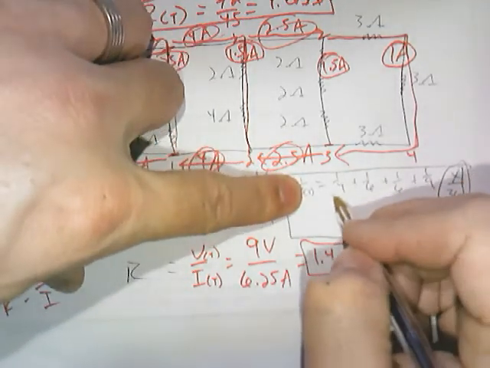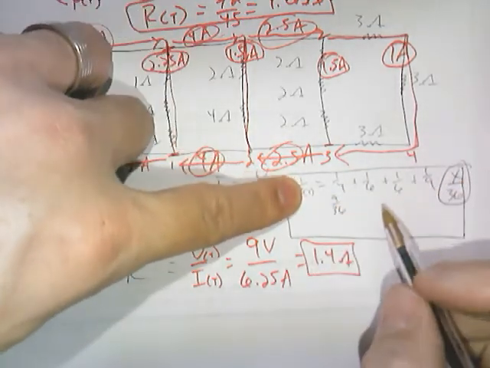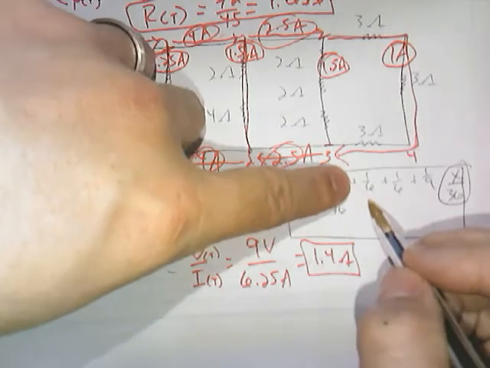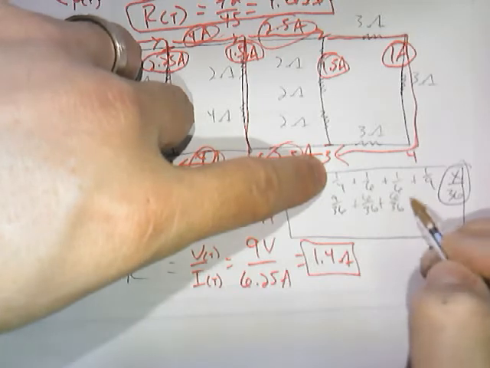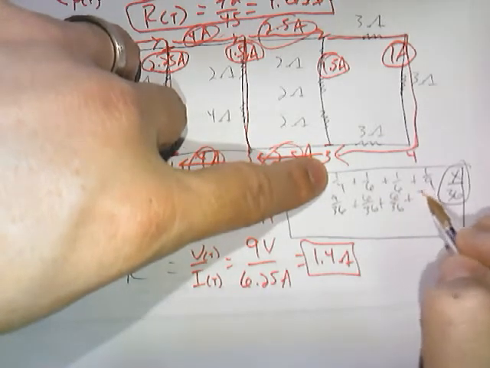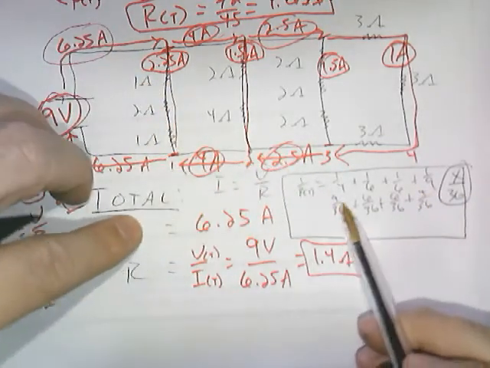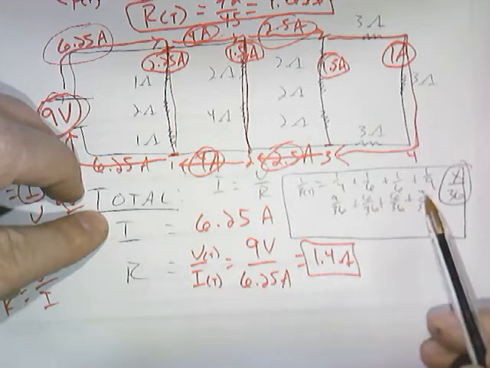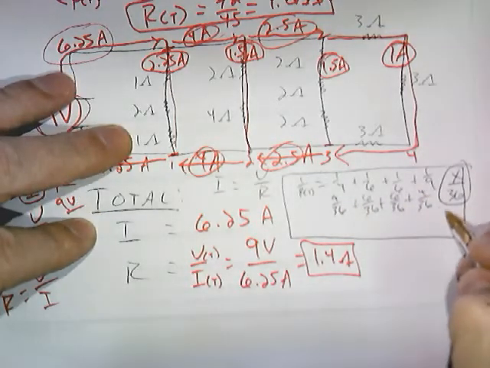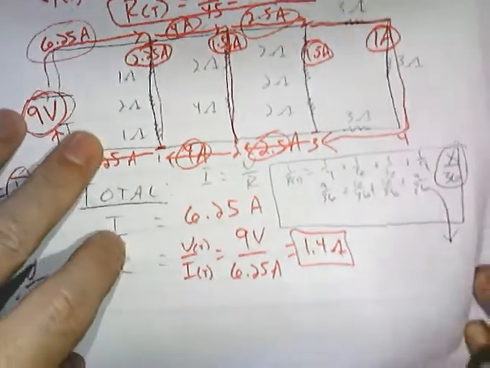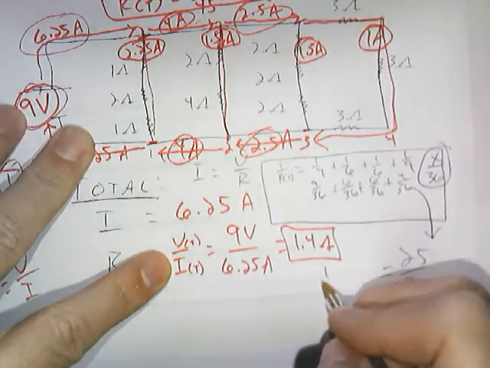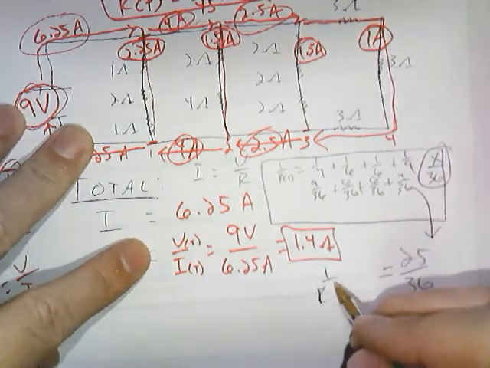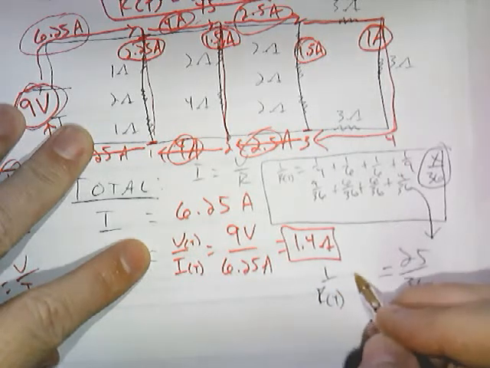So where I have 9/36, here I have plus 6/36 plus 6/36 plus 4/36. And by adding these all together, I get 25/36. And that is what's equal to 1 over my resistance total.